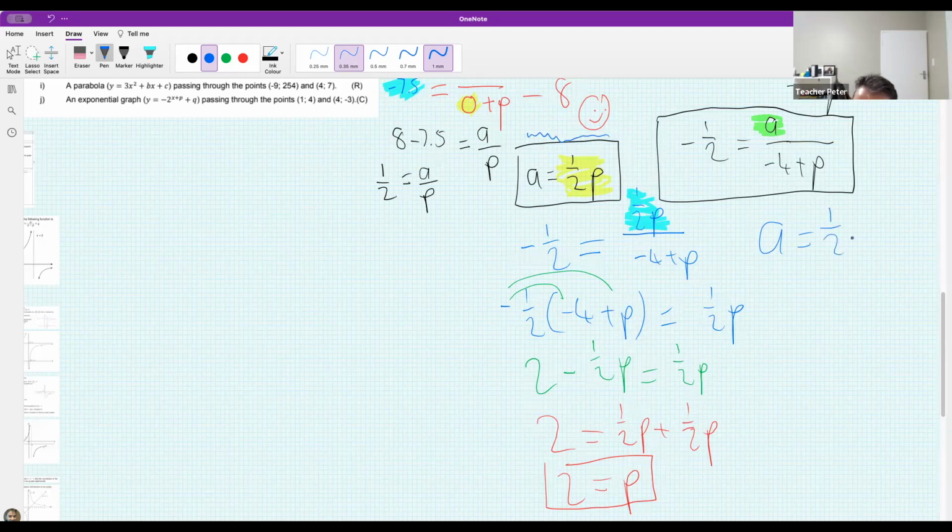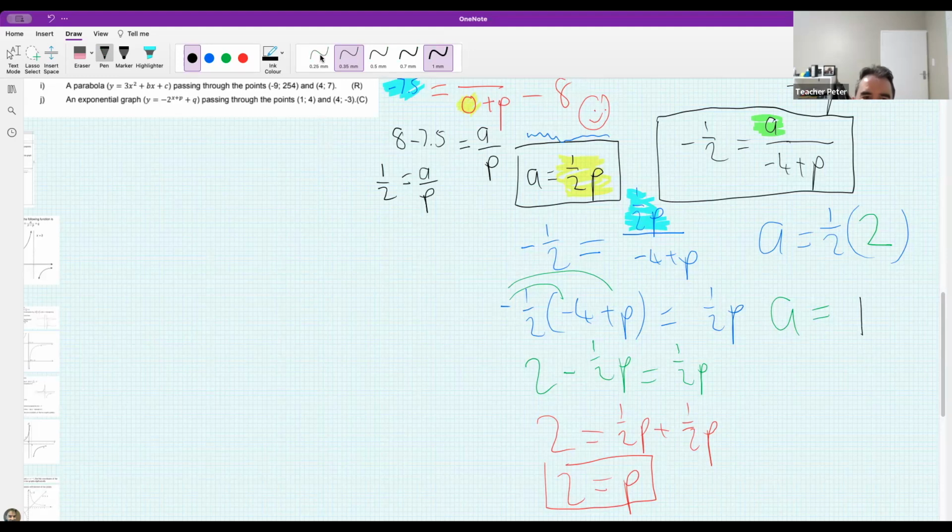I think a is a half times something. And what is that something going to be? It's going to be a 2. So what does a have to be? So what's a half times 2?